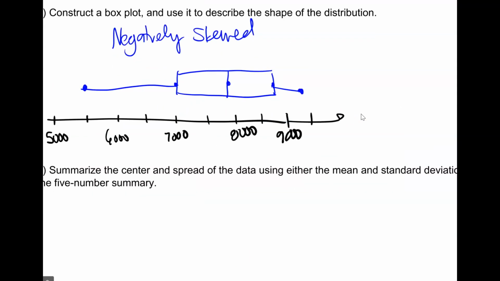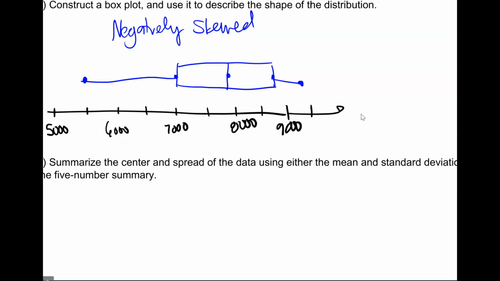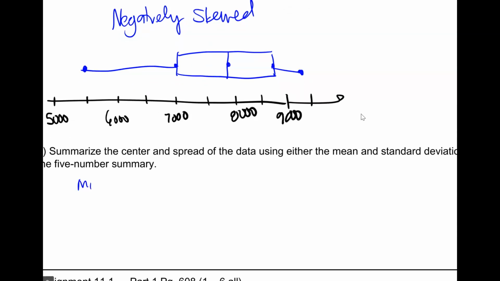Since this is skewed, do we want to use the standard deviation and mean, or is it better to use a 5-number summary? When you have something skewed, 5-number summary. So that's what we shall put. Well, I mean, the mean and standard deviation are on your calculator as well.